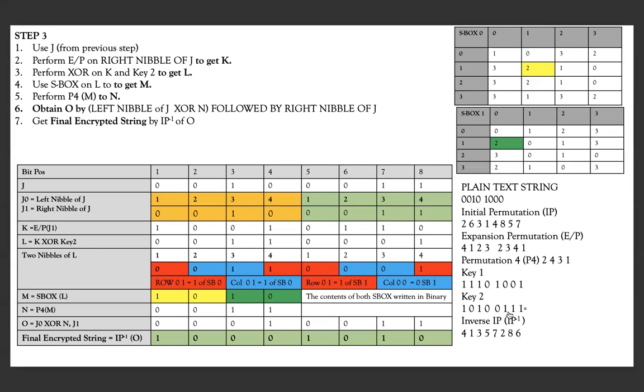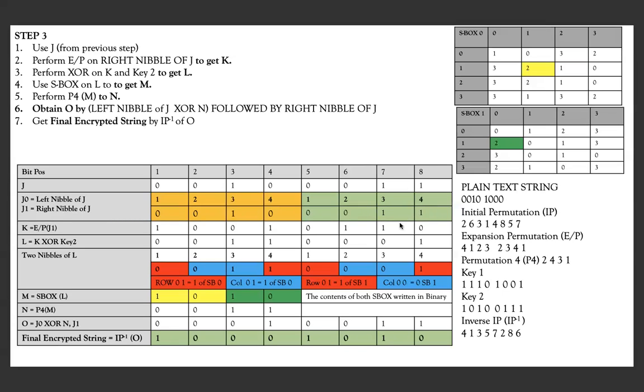For expansion permutation, do we do it on the right nibble first, then the left nibble? No, just the right nibble. We're not doing it on the left, just the right nibble. And then what about the last 4 digits of K? That's again the same right nibble. Oh, okay. The sequence changed. You see, 2, 3, 4, 1. Pay attention. Bit number 2 comes first, this 0. Then bit number 3 comes next, this is 1.